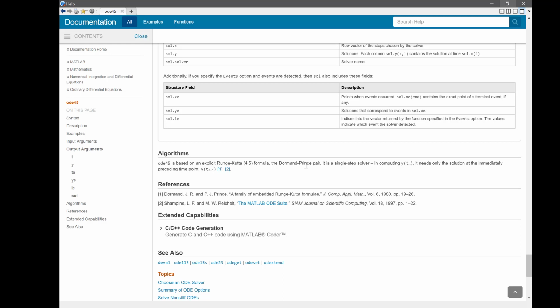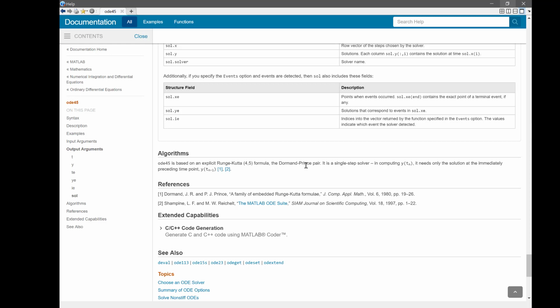In that sense, you don't spend much more computation while having two independent results to compare against to assess the computation error. So that's why it's usually the default one to use.